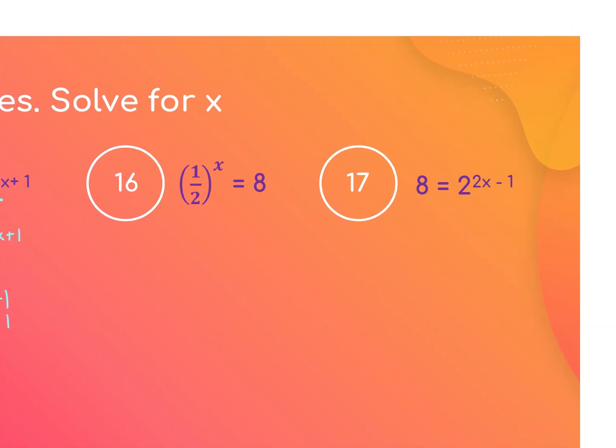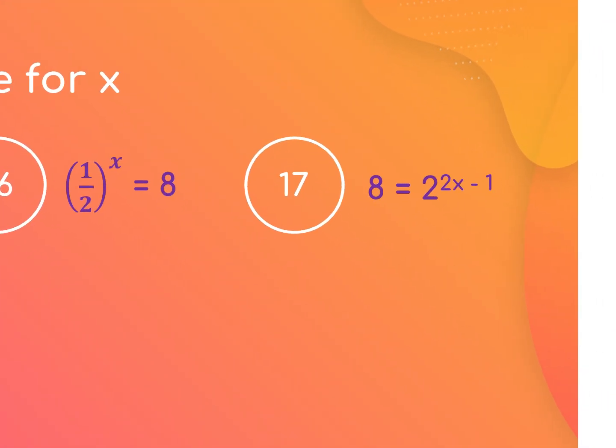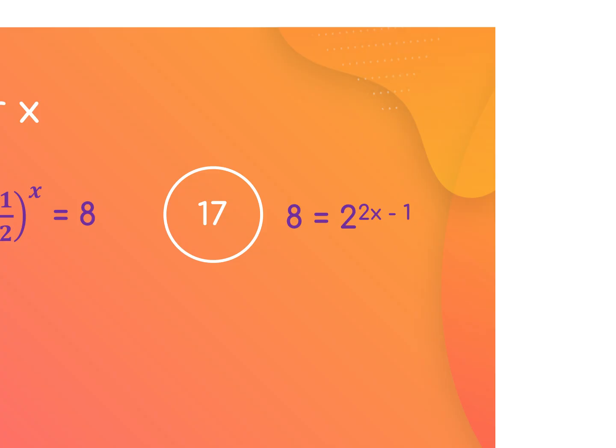All right. Now, I'm going to skip 16 for now. I'm going to go right to the next one, just because that one's pretty similar. Notice again, I have a base of 2, and then I have a base of 8. You want to do the exact same thing. I want to ask, is there anything I can do to 8 so that it has a base of 2? And there is. We know that 8 is 2 to the power of 3.